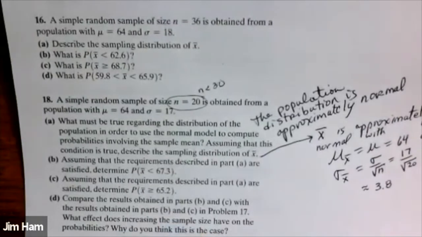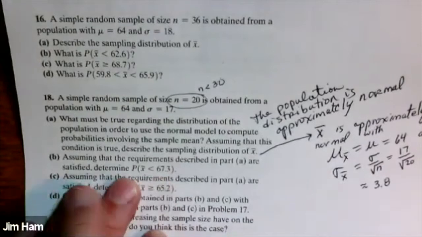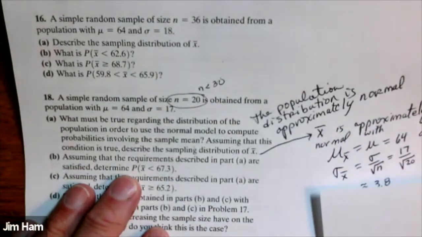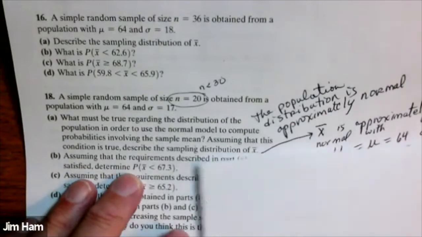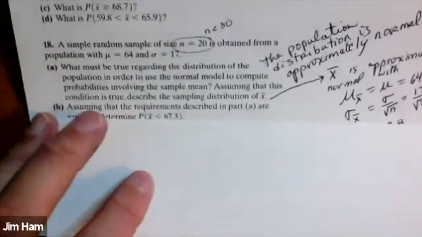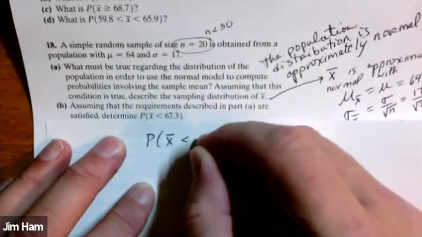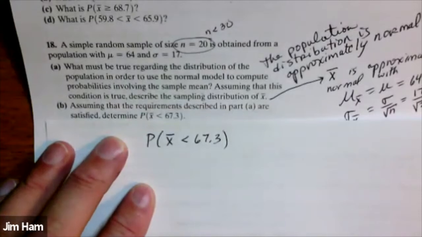All right, now let's go into B, and I want to show you how the normal calculation of probability in a sampling distribution is done. Okay, so part B says, assuming the requirements described in part A are satisfied, determine the probability that X bar, now, change a variable from what we've done earlier, is less than 67.3.